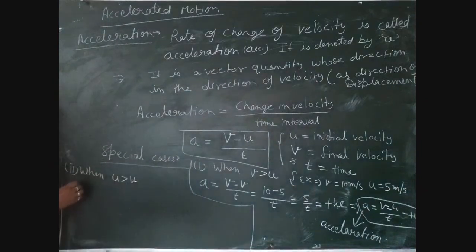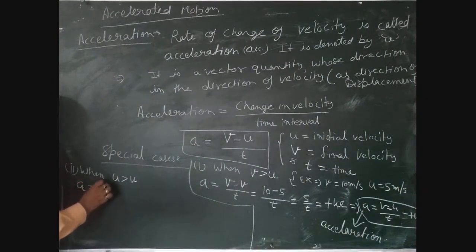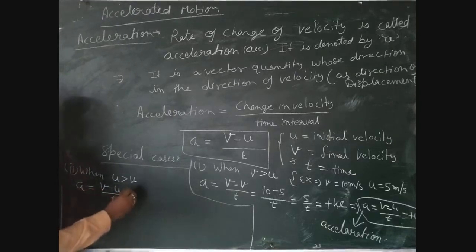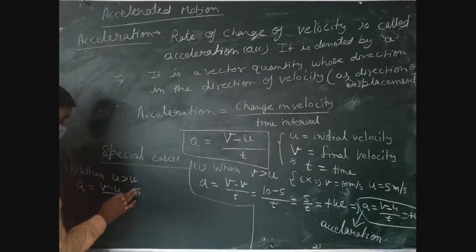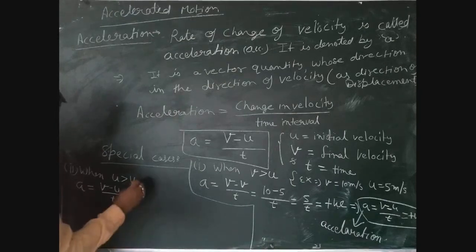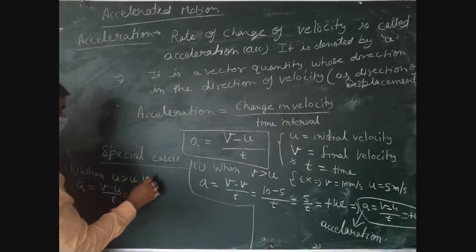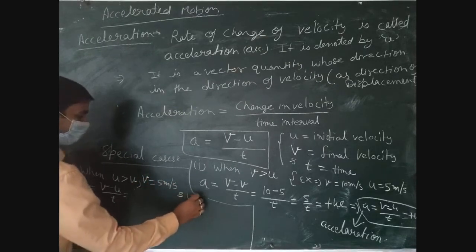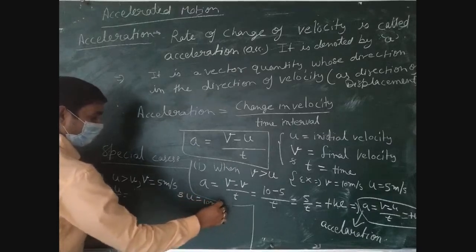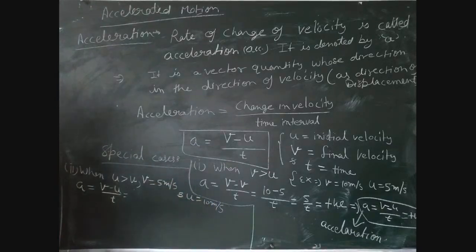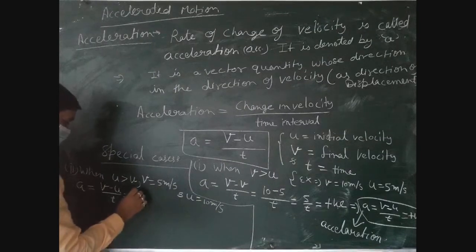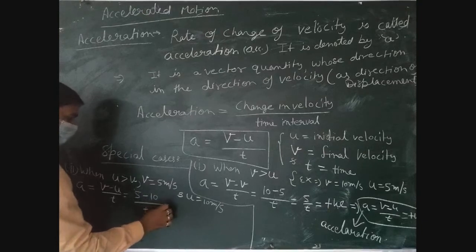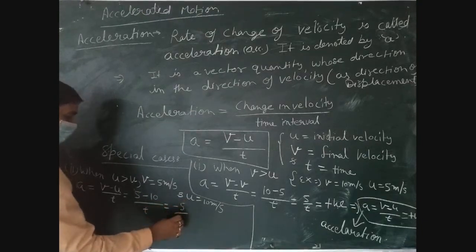Then the value of acceleration a is v minus u upon t, which becomes 5 minus 10 upon t, and the result is minus 5 upon t.